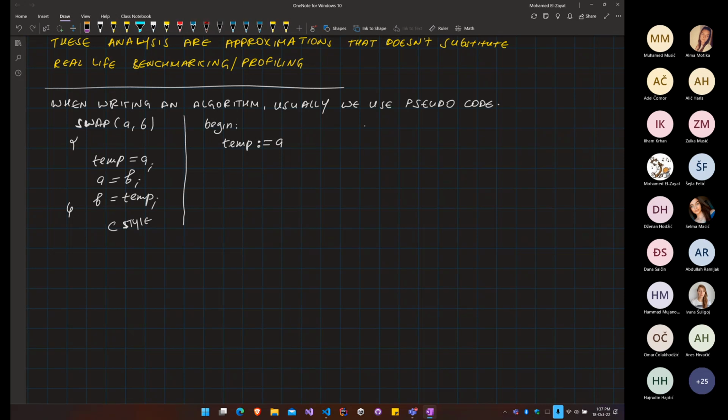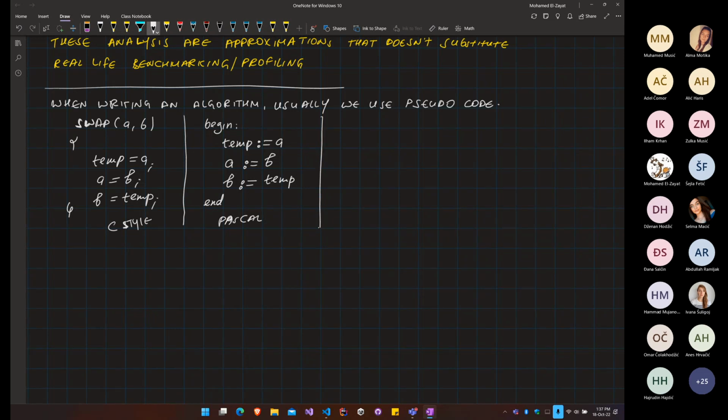So this is actually super important to get. When you see that, you shouldn't be terrified or wondering what this sign means. It just means assignment in Pascal, and that's it. And then you have end. Okay, actually without a colon, I think. So this is the Pascal style.